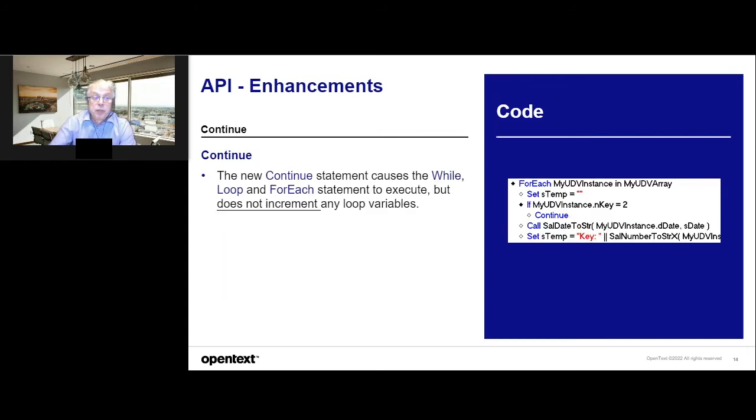The continue statement can be used inside the while loop or for each statement. That means, for example, in our code, that we have a for each loop inside our UDV, inside our code. And then we have maybe a condition, a special value is set to true, and I want to continue.